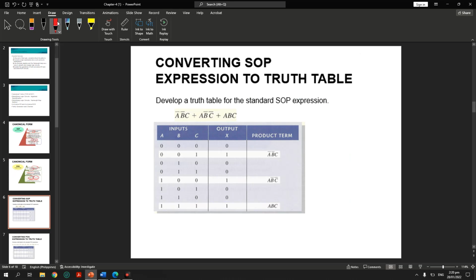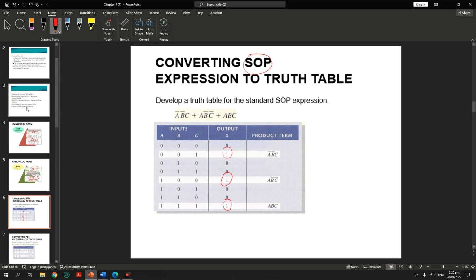So let's now go to converting an SOP expression into a truth table. If you will notice in this example, when we say sum of products, please take note that in this truth table example, the output ones are considered in the conversion of an SOP expression into its corresponding truth table.